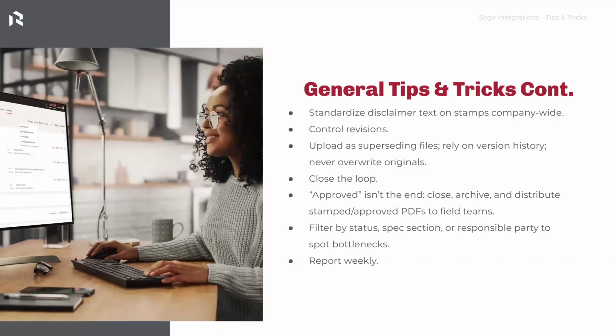And then, approved isn't the end. In RedTeam Flex, you want to make sure that you move that to the next phase. And then in the spec section, you want to filter by status, just to see which responsible party to spot any bottlenecks on there.